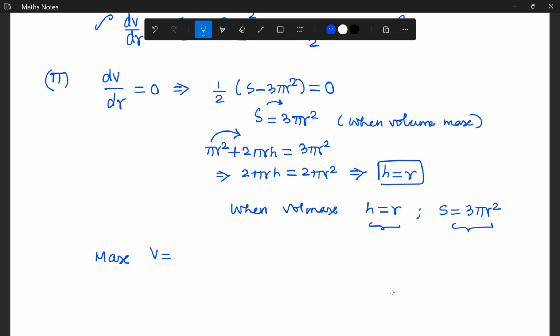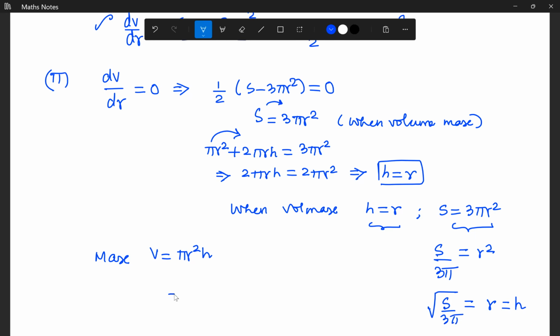Remember one thing, in this case the constant is S. So I'm going to write r square is equal to S divided by 3 pi. And r is equal to h, and if you take square root, it is S divided by 3 pi.